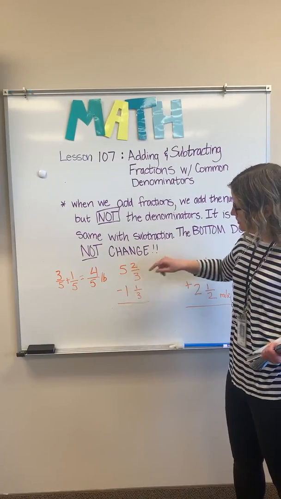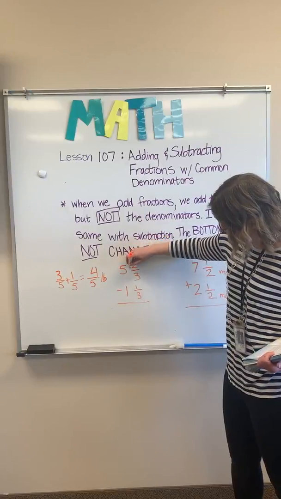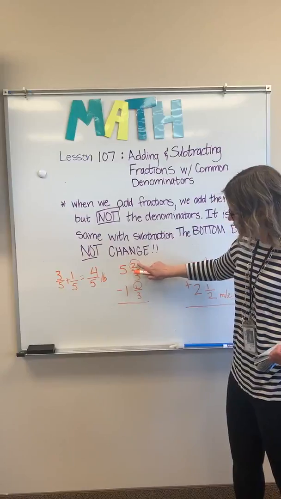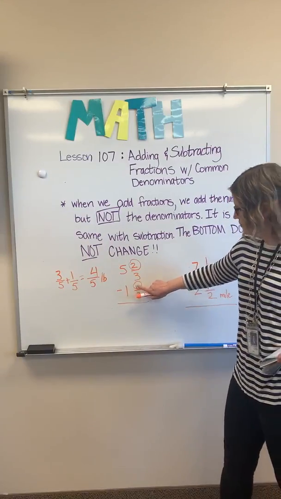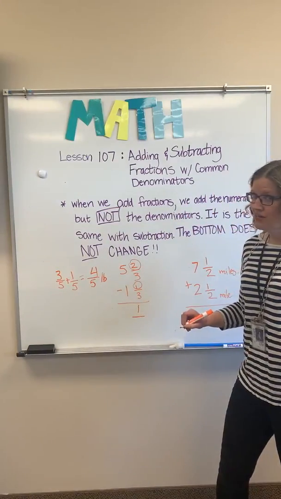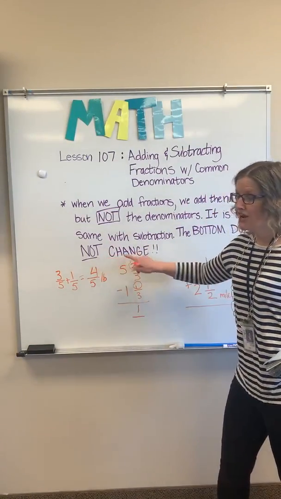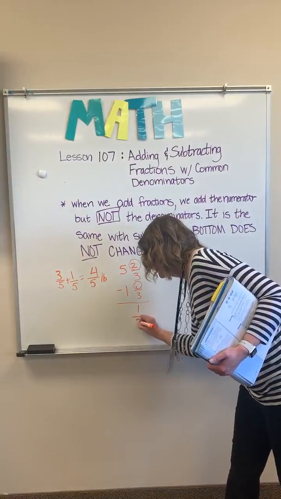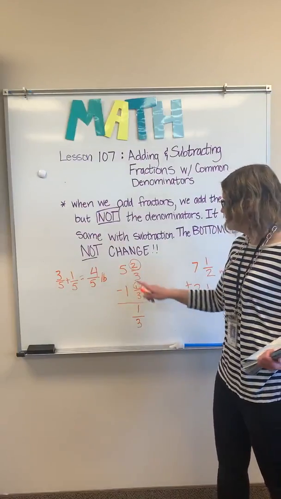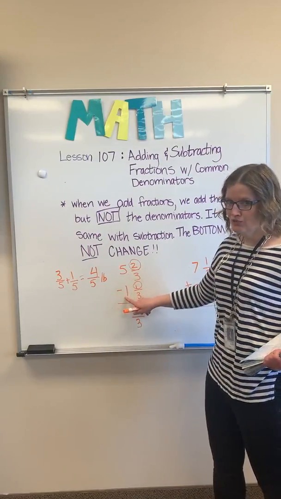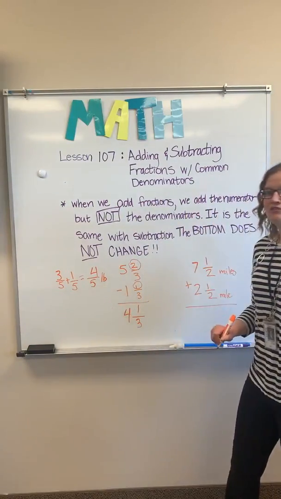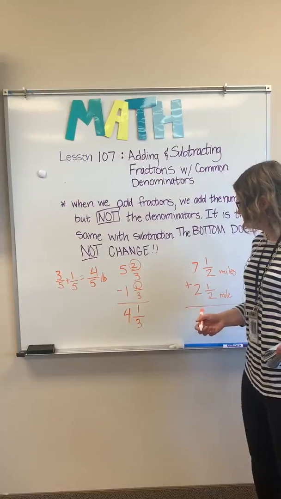We subtract our numerator, which is right here, from our numerator down here. 2 minus 1 is 1. And what happens with our denominator? Does not change. We put a 3, and then we go to our whole numbers. 5 minus 1 is 4. So our answer for this is 4 1/3.